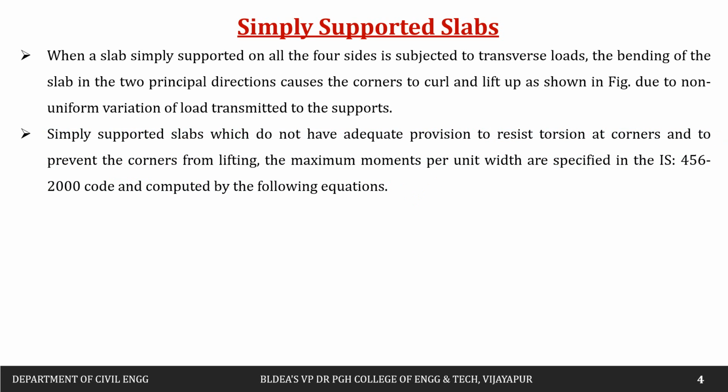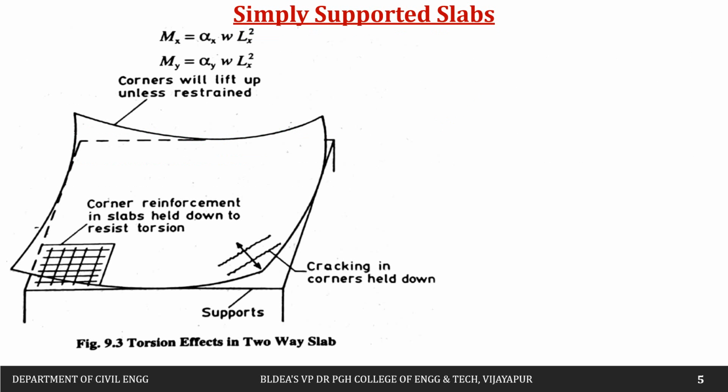So there are two cases now, whether it is restrained or not restrained. For example, if you have a simply supported slab which does not have adequate provision to prevent the corners from lifting, then we can use the following equations: Mx = alpha x into w lx square, My = alpha y into w into lx square.